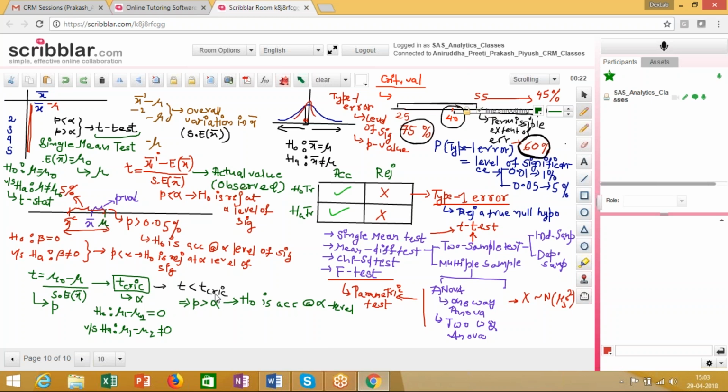So over here in the first case, what I'm saying is that I can see some difference exists between the two mean values, but the difference between the two means is not very significant. Versus the alternate hypothesis, that the difference between the two means is extremely significant.